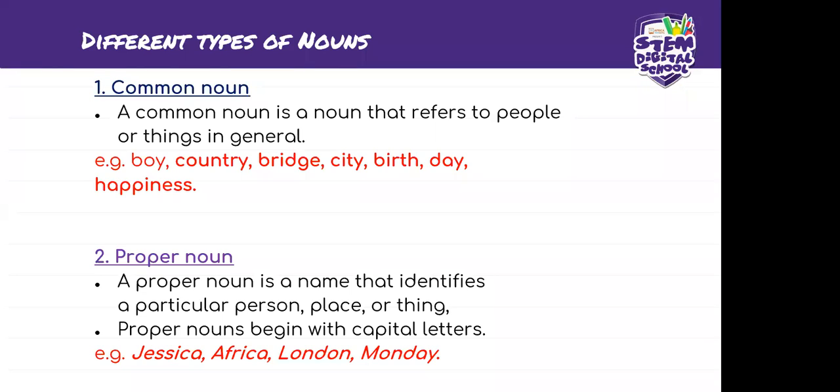But if I say Amogelang, that is a proper noun, and it identifies a particular person. In this case, it identifies Amogelang alone. So that is a proper noun and we use a capital letter to write it.